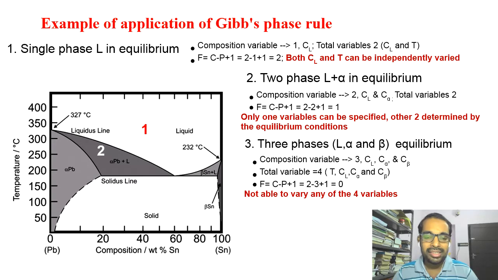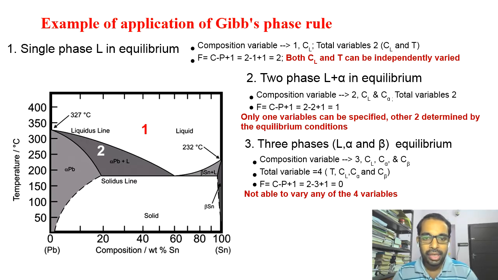Now we consider the second case, that I represented as 2, the region where alpha and L are in equilibrium, alpha plus L. That is a two phase equilibrium.